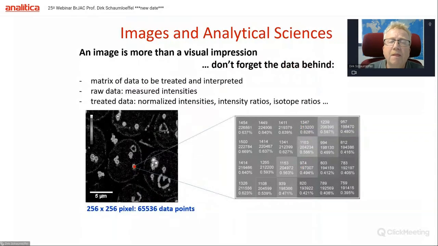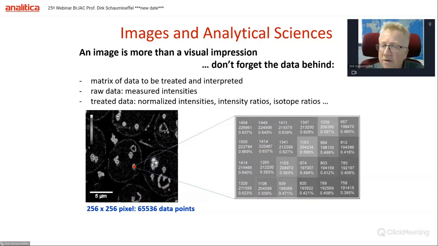And I would say also, an image is more than a visual impression. Don't forget the data behind. So it's a matrix of data to be treated and interpreted. There are raw data, for example, measured intensities, or treated data: normalized intensities, intensity ratios, isotope ratios. For example, here, in such an image from NanoSIMS of 256 times 256 pixels, there are more than 65,000 data points.